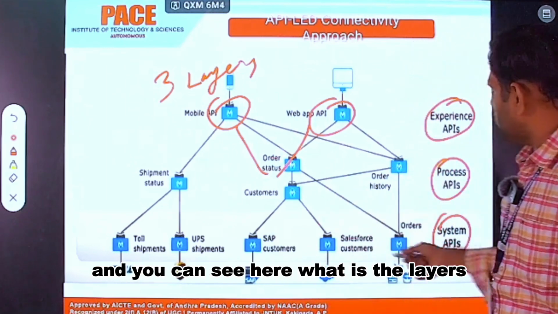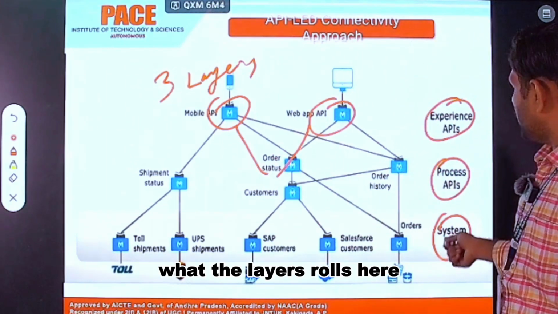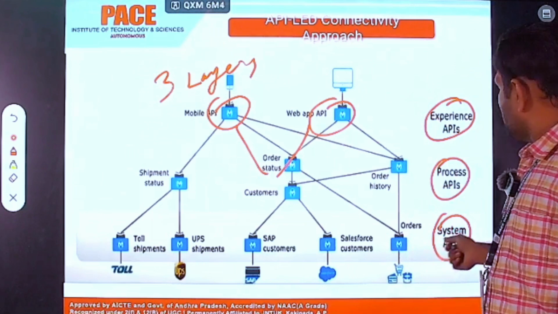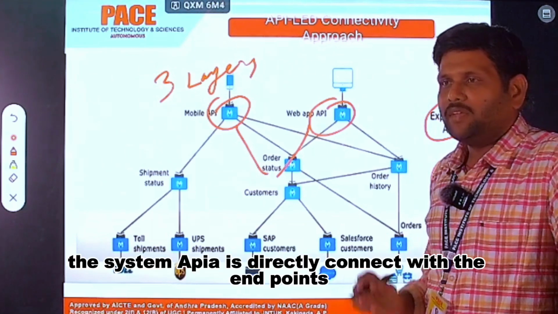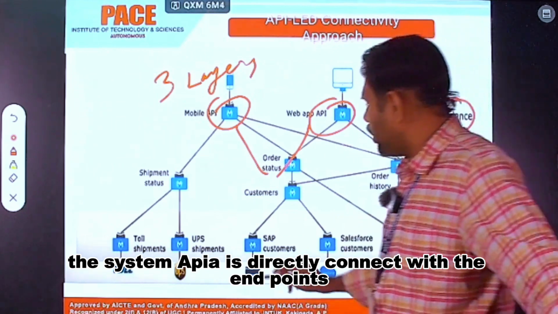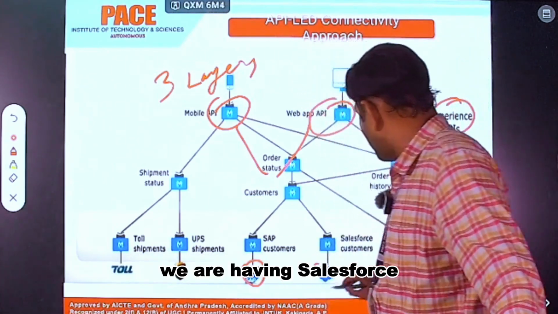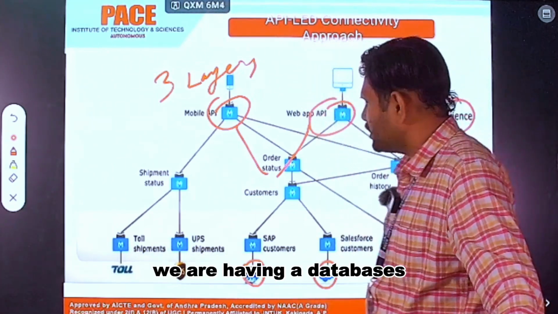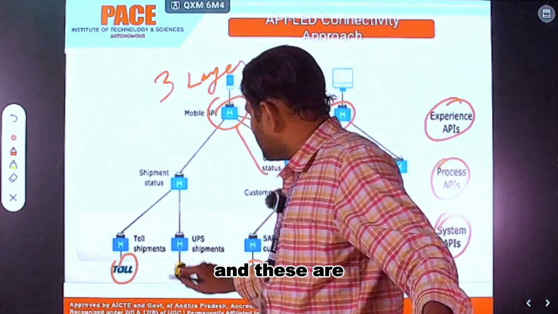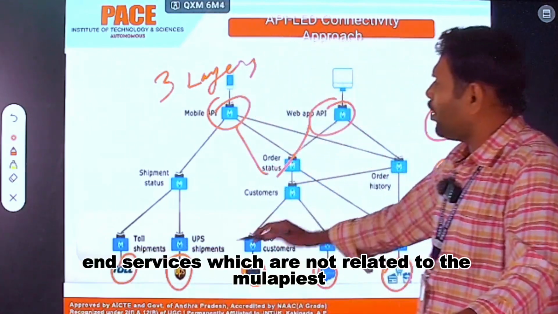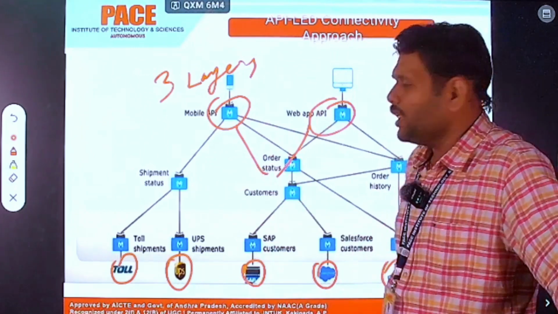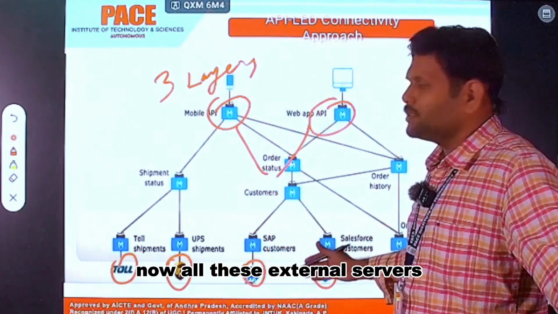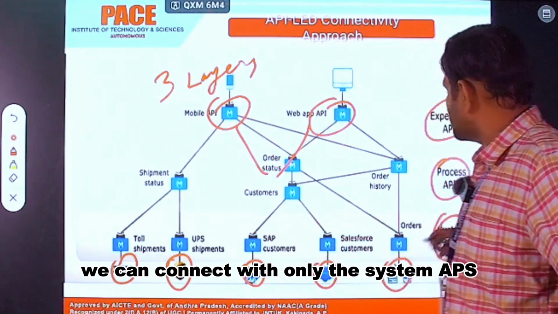And you can see here what the layers' roles are. We can see here the system API. The system API will directly connect with the endpoints, like SAP, Salesforce, databases, and tools, which are external servers not related to the Mule APIs. All these external servers we can connect with only the system APIs.